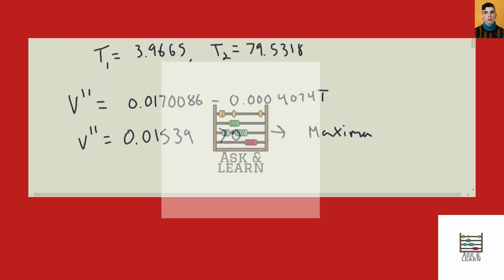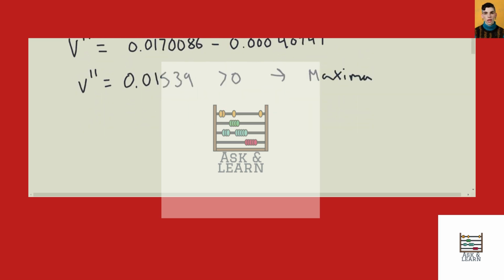And so then if we plug in our T2, we get a negative value. The negative value comes out to be 0.05439, which we know is less than 0, so that will be our minima point.